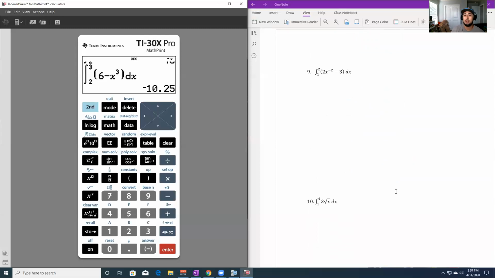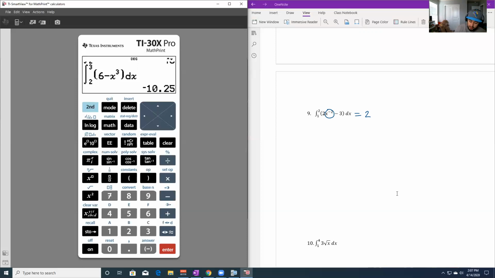Number 9, the integral from 1 to 2 of 2x to the negative 2 minus 3. So here we go. So this 2 will stay up front. And we want the antiderivative of x to the negative 2. So that will use power rule.